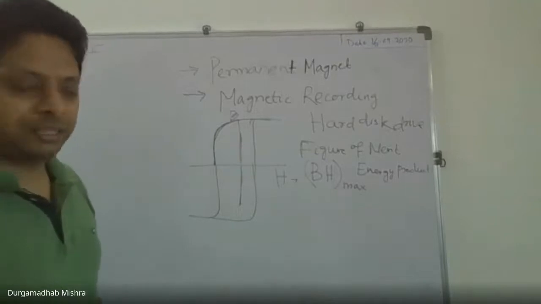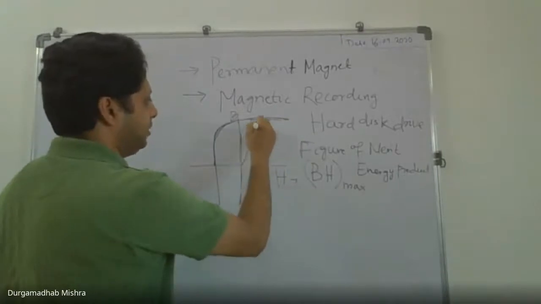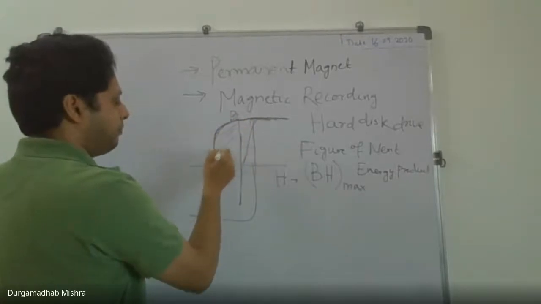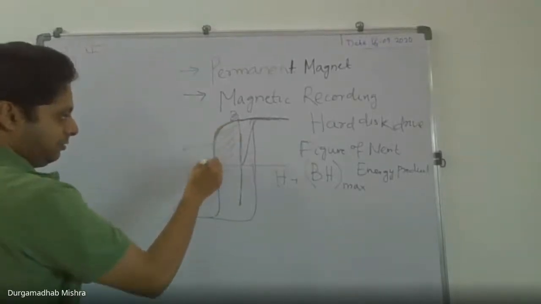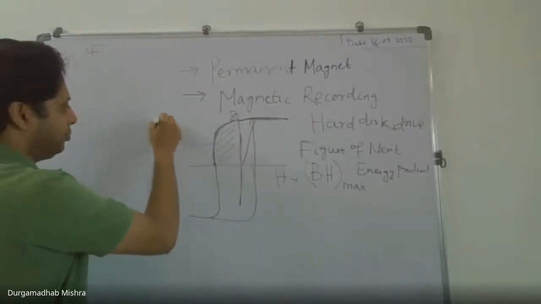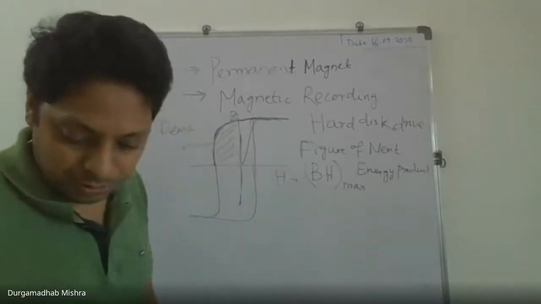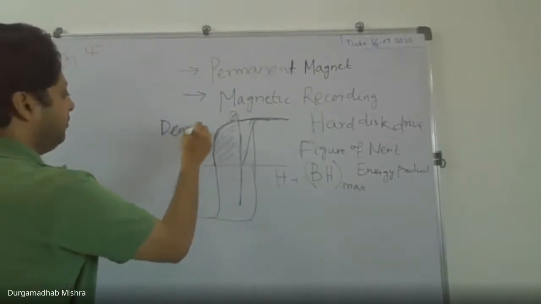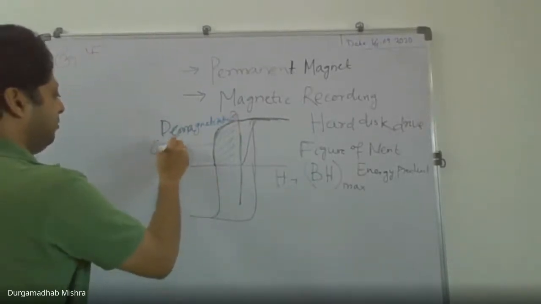So why is it like that? This is your magnetization curve, right? When you start with the initial magnetization, you magnetize, and when you reduce, this part of the curve is known as the demagnetization curve.